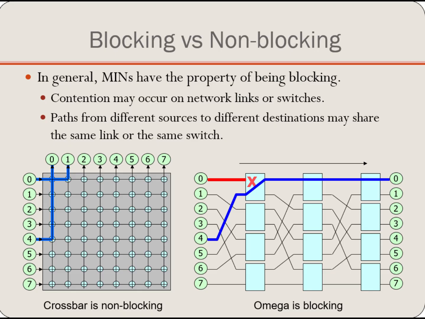It should go through this link, right? And this one will be a conflict point. Although the messages came from 2 different senders and target 2 different receivers, they may still conflict in some intermediate stages. So in general, this kind of network is blocking, because they may conflict with other traffic although their targets are not the same.